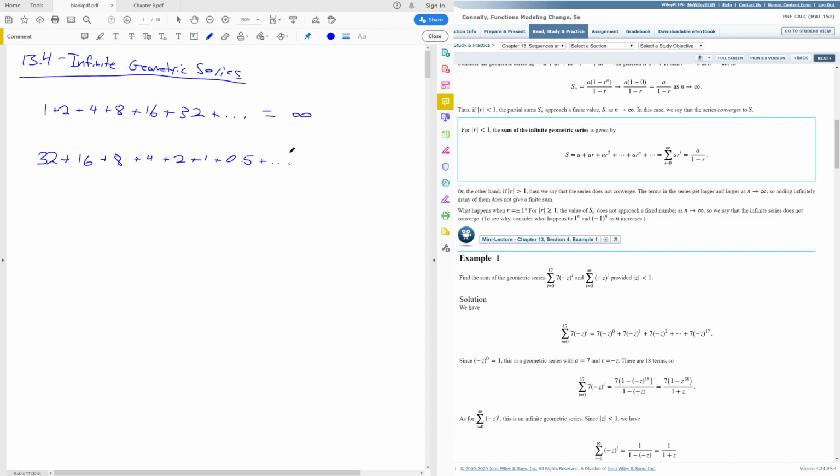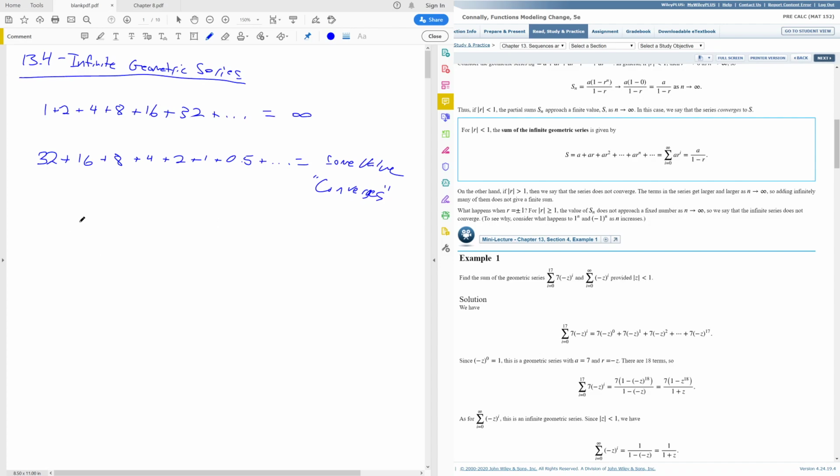So the idea here is that this will converge to some number, some value. And that's what we call it converges. And that's what we're going to learn how to do.